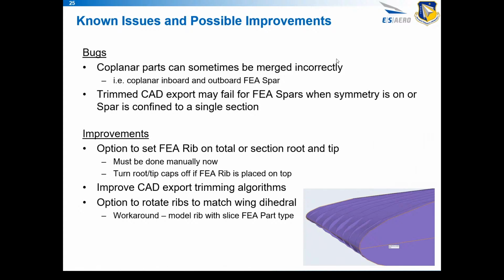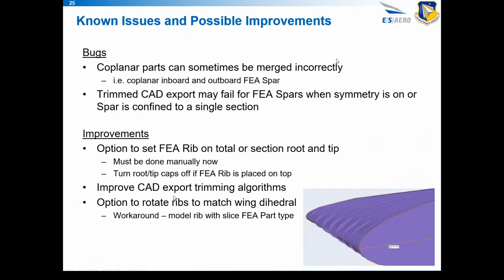Right now you have to do it manually, and if you are going to put a rib on your wing root or tip cap, make sure you turn the caps off first. Otherwise, that'll potentially lead to a coplanar intersection issue. If you have rounded tip caps, that's a little bit different. But if you have flat tip caps, that will be an issue. So turn them off if they're flat and you're placing a rib there.